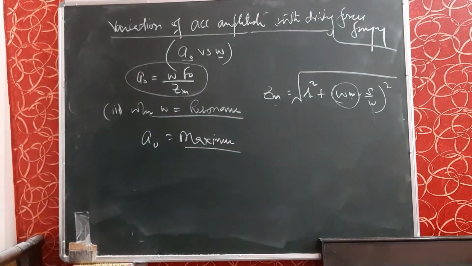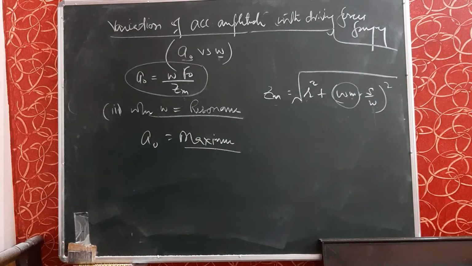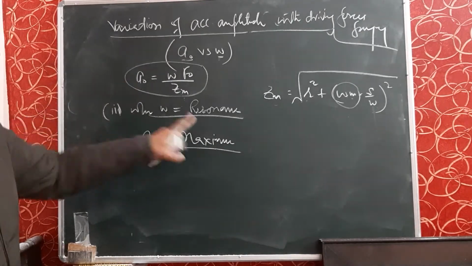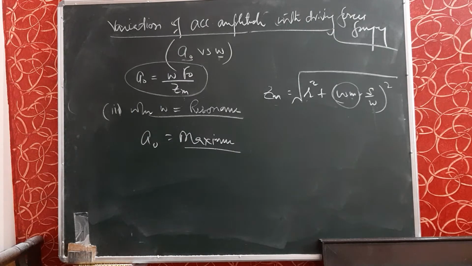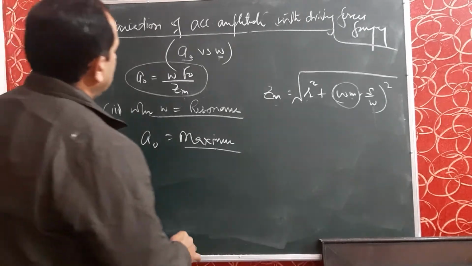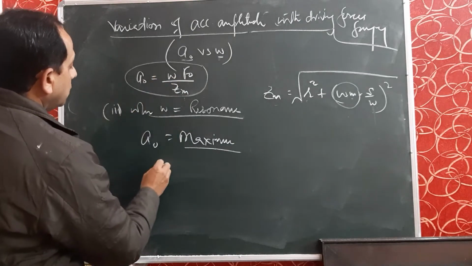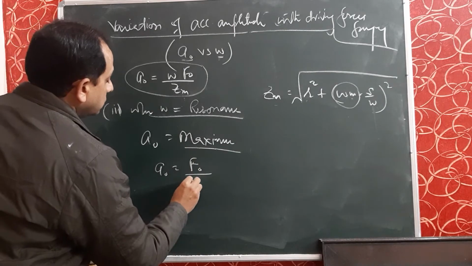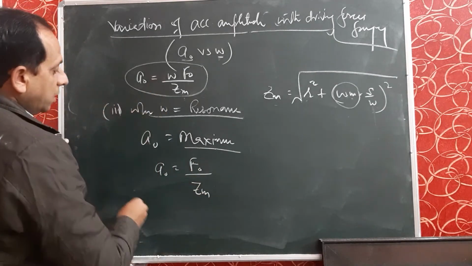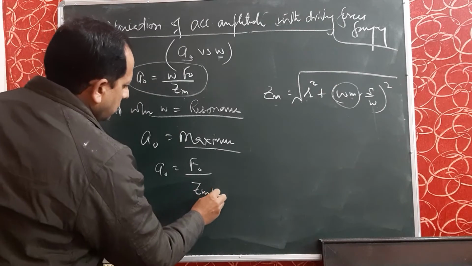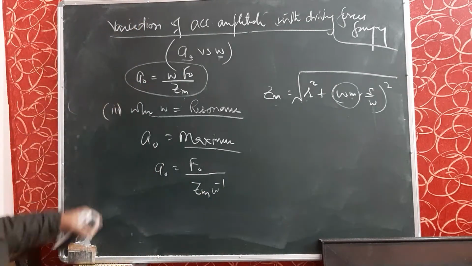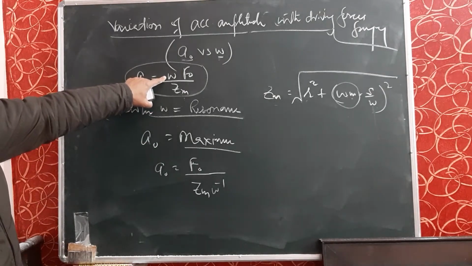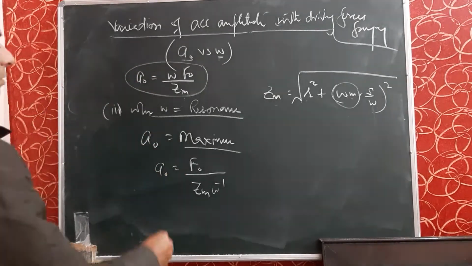You know the condition for resonance is that frequency at which the value of amplitude, or acceleration amplitude, becomes maximum. So a naught becomes f naught over omega upon Zm, or f naught over Zm omega minus 1. You may write it like this, because we will consider omega in the denominator part.